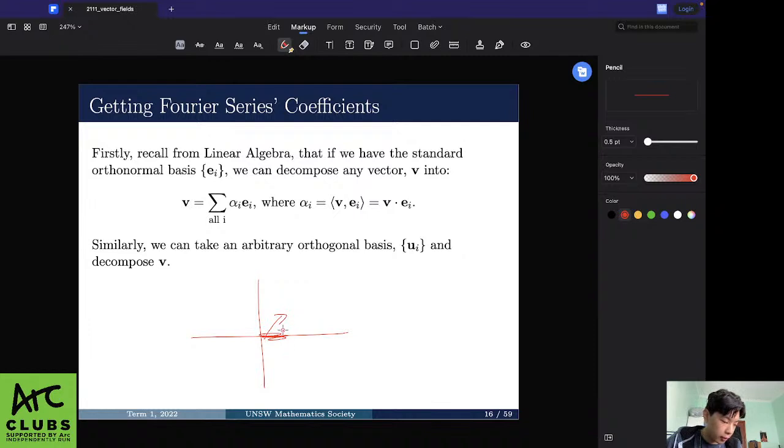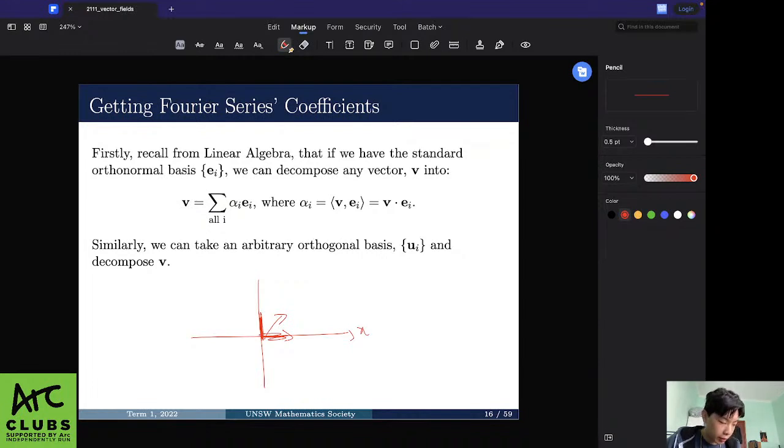So if it goes in this amount in our x direction, we might label that as the coefficient to our first basis. And then we look, how much is this vector going in the vertical direction?